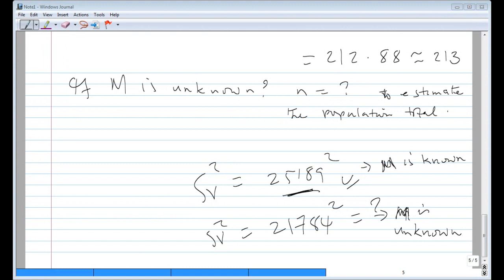Okay, let me see the table then. Well, in this case, M is not given, and we ended up using 251. And even in this case, it's about the income.